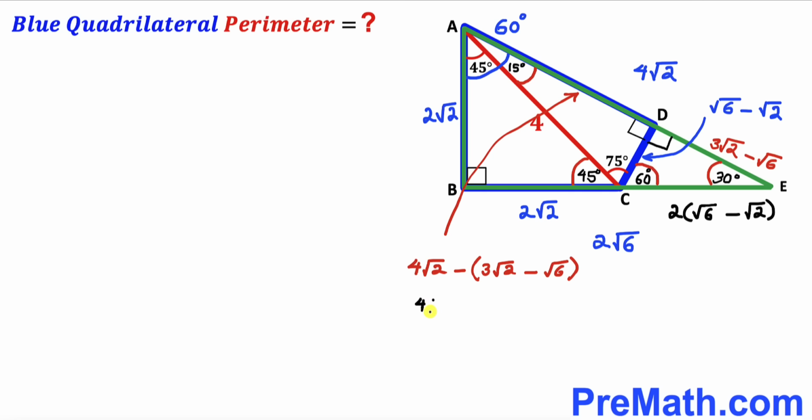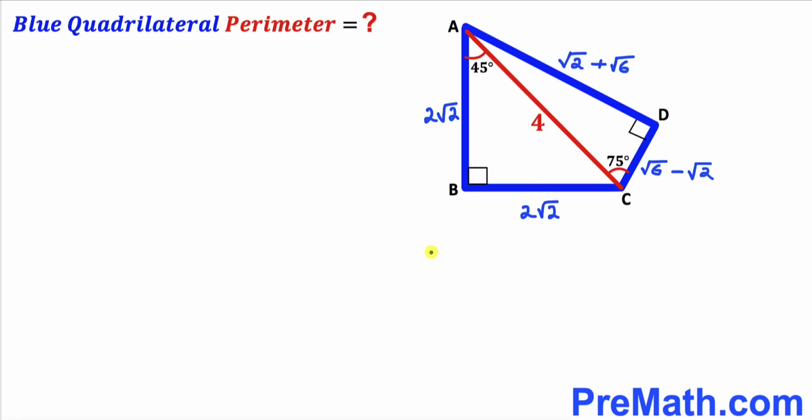We can write 4 times square root of 2 minus 3 times square root of 2. Negative and negative is going to give us positive square root of 6. Let's combine the like terms. So that is going to give us square root of 2 plus square root of 6. So thus this AD side length simply turns out to be square root of 2 plus square root of 6. So thus we finally figured out this side length and this side length as well.